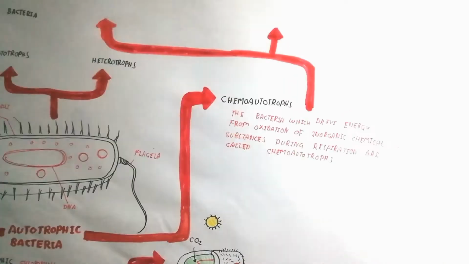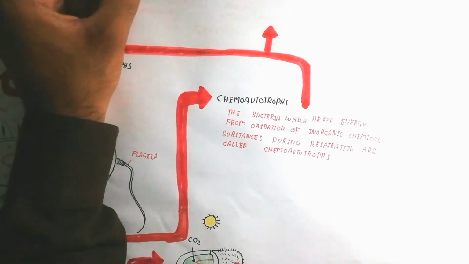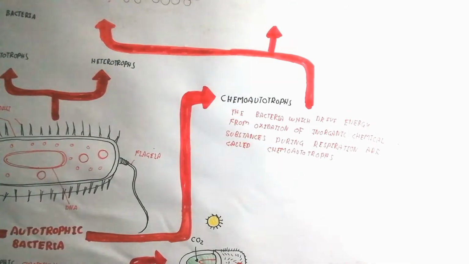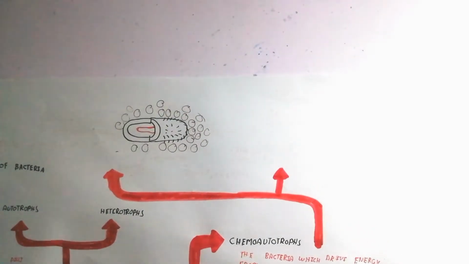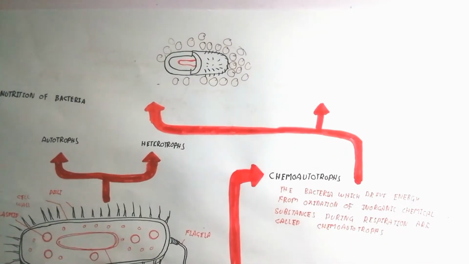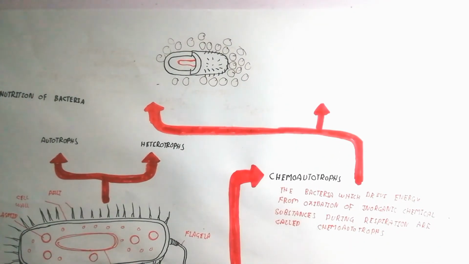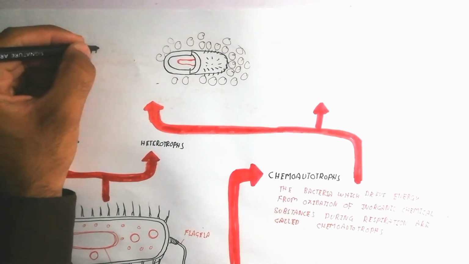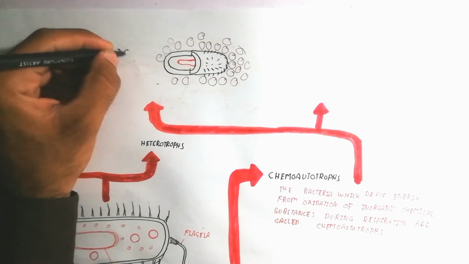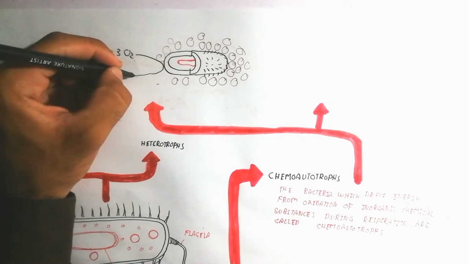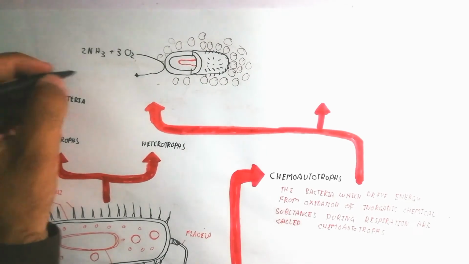Here are some bacteria that are present in the nodules of the plant, near the roots of the plant, which are used for nitrogen fixation. Nitrobacter is an example, and it uses nitrite with oxygen to produce nitrosomonas.